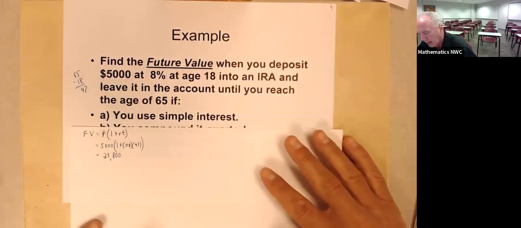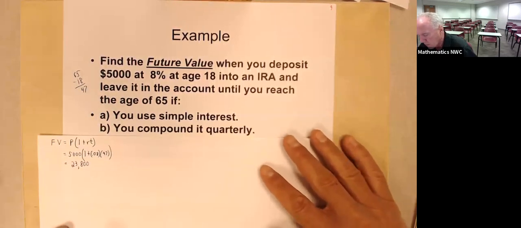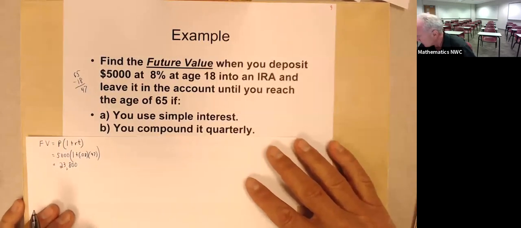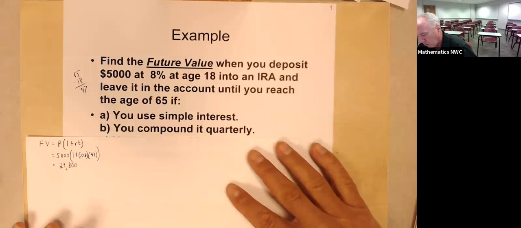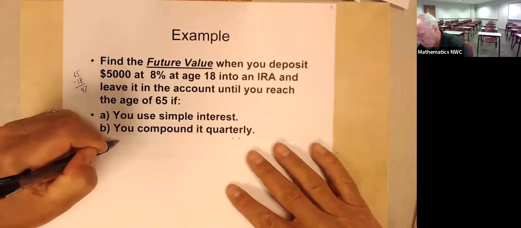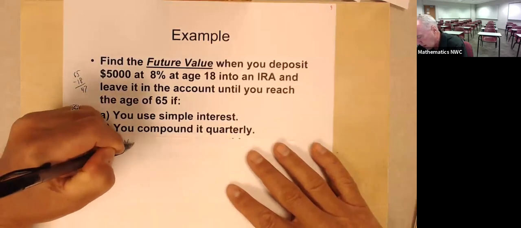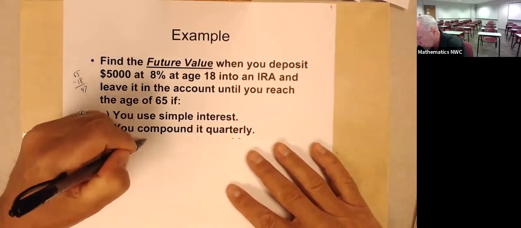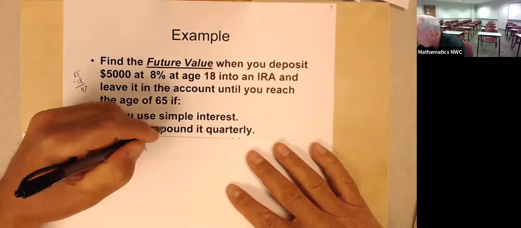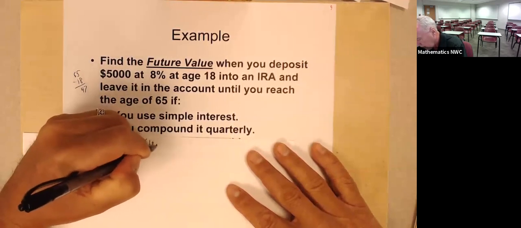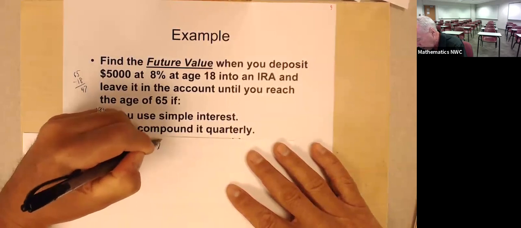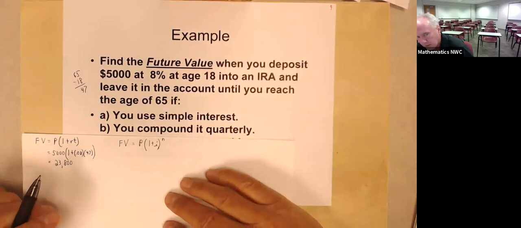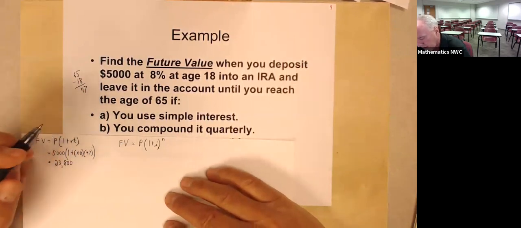That's A. Now let's go to compounded quarterly. This one is new for us here today, okay? Our formula, which you got down, future value, was equal to the principal multiplied times 1 plus I raised to the nth power. We're going to have to first calculate each of these.